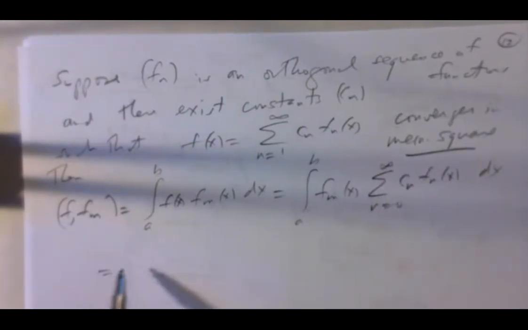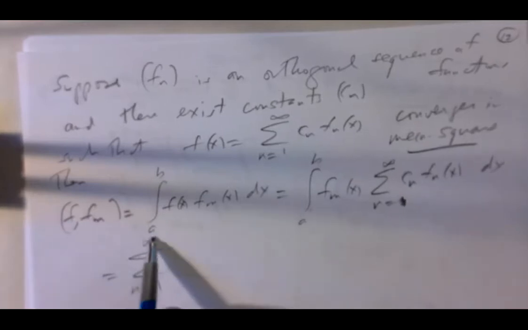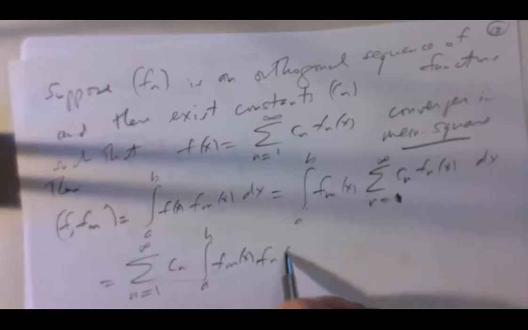Interchanging summation and integration, I get the summation, n goes from 1 to infinity, C sub n, the integral from a to b of Fm of x, Fn of x dx.